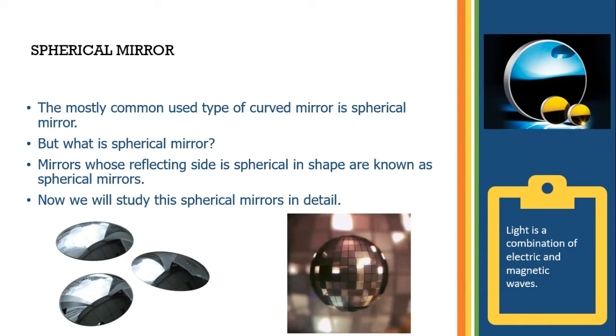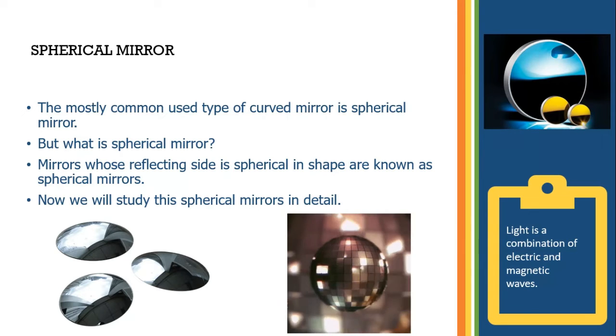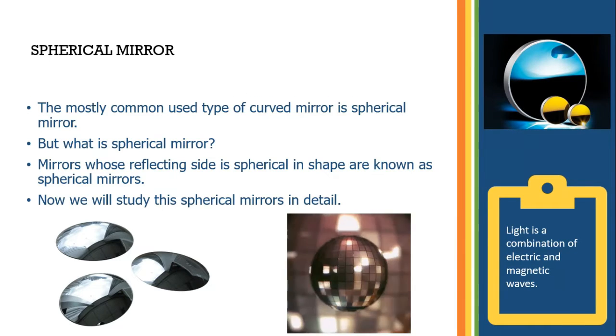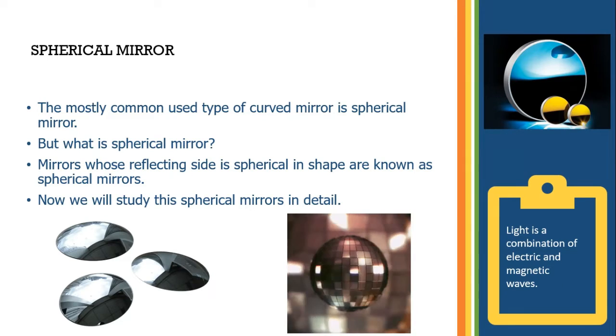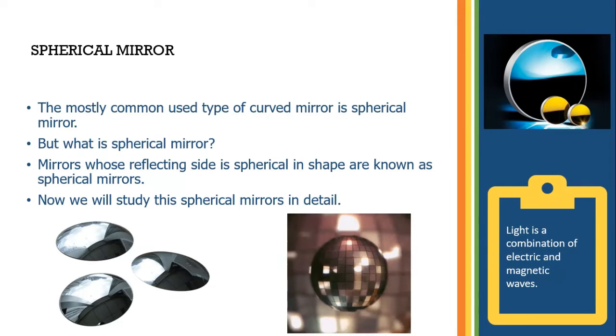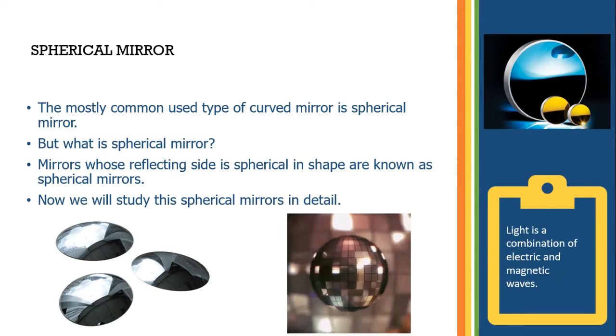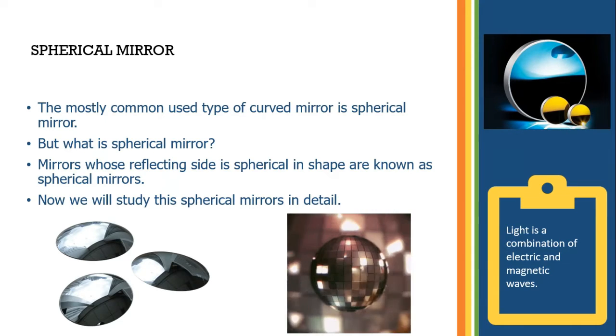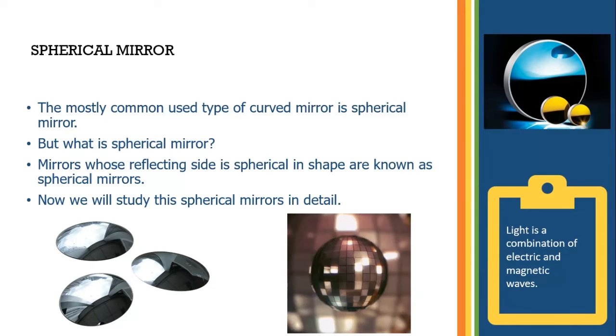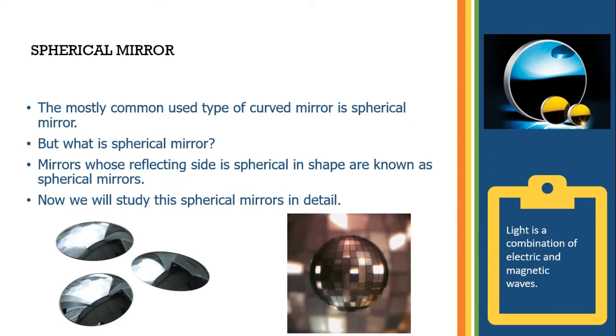Now we will discuss the spherical mirror. Spherical mirrors are the most used curved mirrors. Spherical mirrors are also curved mirrors, and they are mostly used. But before that, we should know what a spherical mirror is. A mirror whose reflecting side is spherical in shape is known as a spherical mirror.